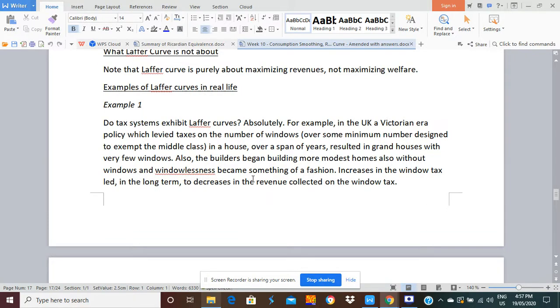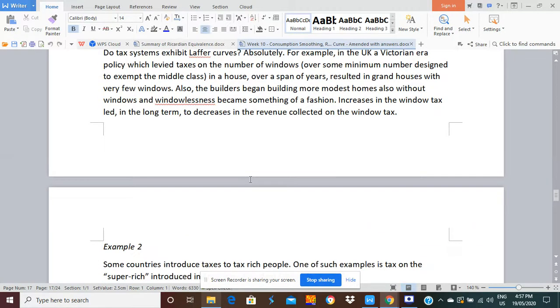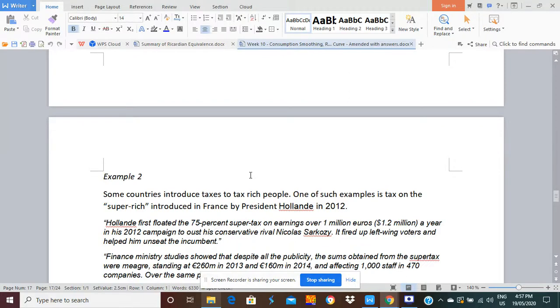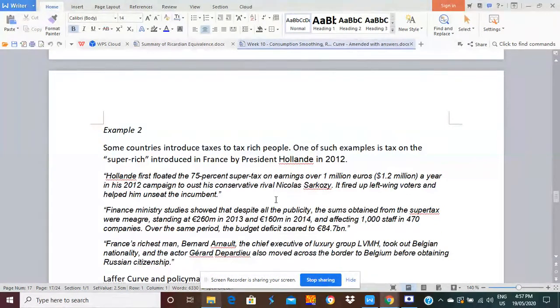There are effects on the incentives, and there is also the effect of a tax on the super rich. It was very recently. President Hollande in France, who was a socialist, basically decided to set a 75% super rich tax. The thing is that most average rich people, if you set a 75% tax on them, may still pay tax because they have nowhere to go.